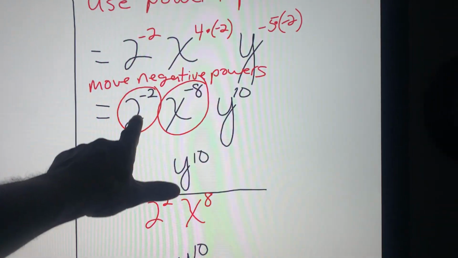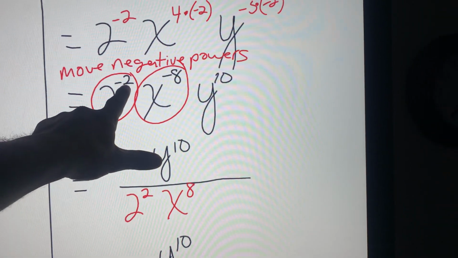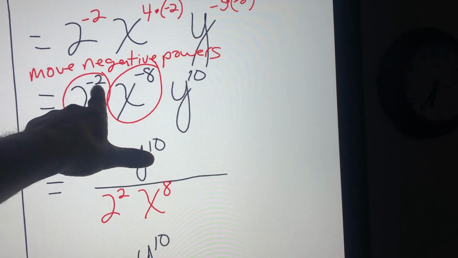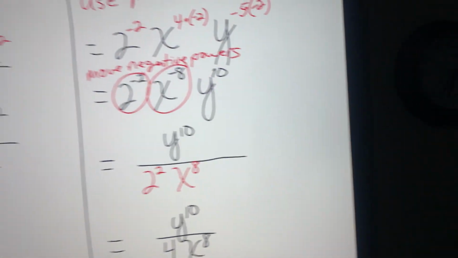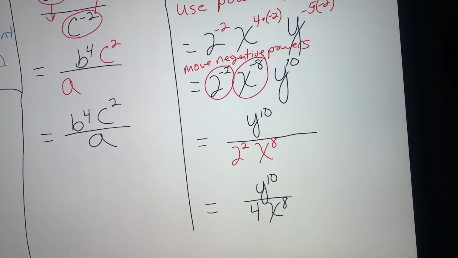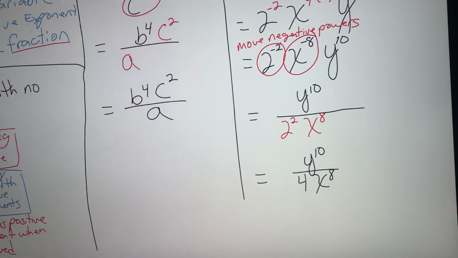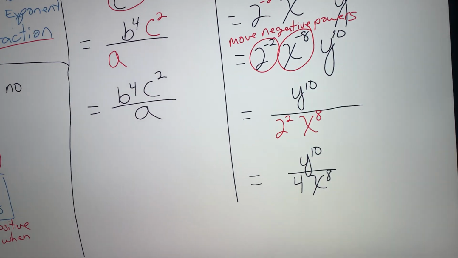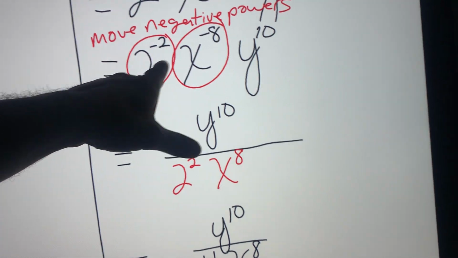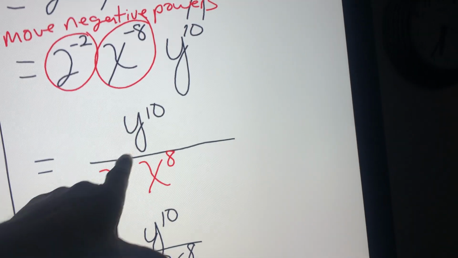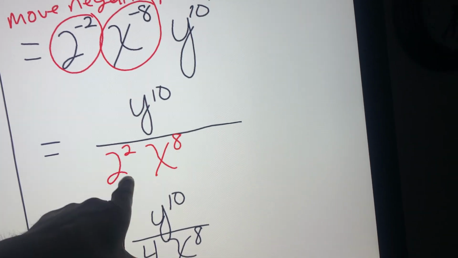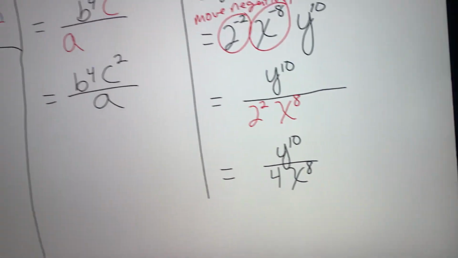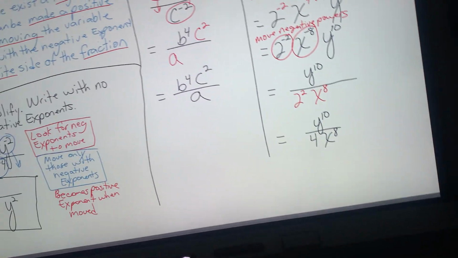So once we do the actual multiplication of the powers, we get negative 2, negative 8, and a positive 10 power. So those negative powers will have to move to the opposite side of the division line. So this negative 2 power and negative 8 power will have to move down into the denominator, and then they will become positive powers.